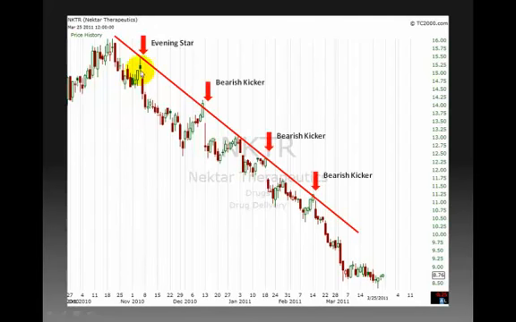The first one we had here was an evening star, then we had a large bearish kicker, then another bearish kicker down, and finally another bearish kicker. Every single one of these patterns produced profits, and every single one would have been extremely safe and profitable to enter this stock in a short manner.